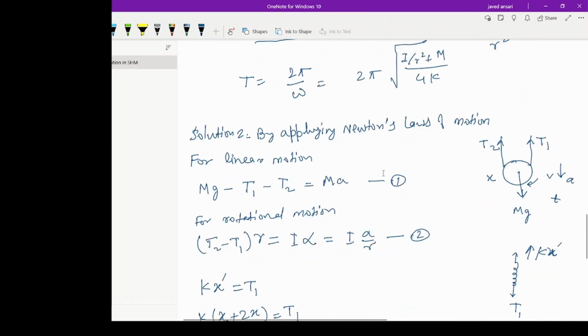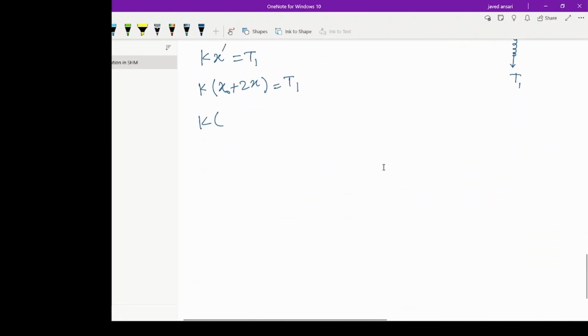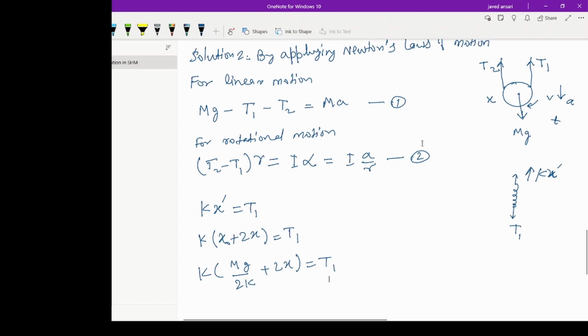So I'll put this value here: k times mg by 2k plus 2x equal to T1, right? I am going to call this equation 3.